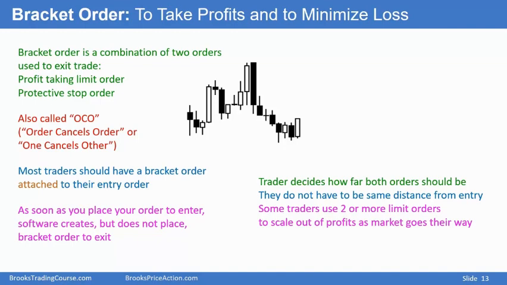If the first one gets filled, you then have 2 contracts left. Your broker's software will automatically change your stop to 2 contracts because now you're only long 2 contracts. When the second limit order gets filled, you're now long only 1 contract. Your software will automatically change the stop to 1 contract.